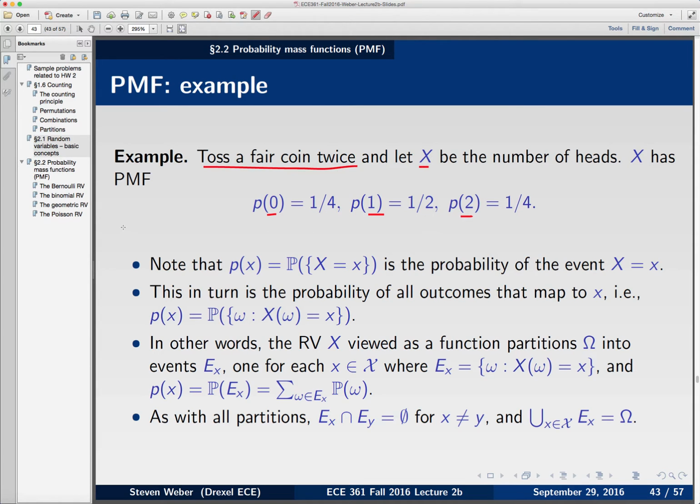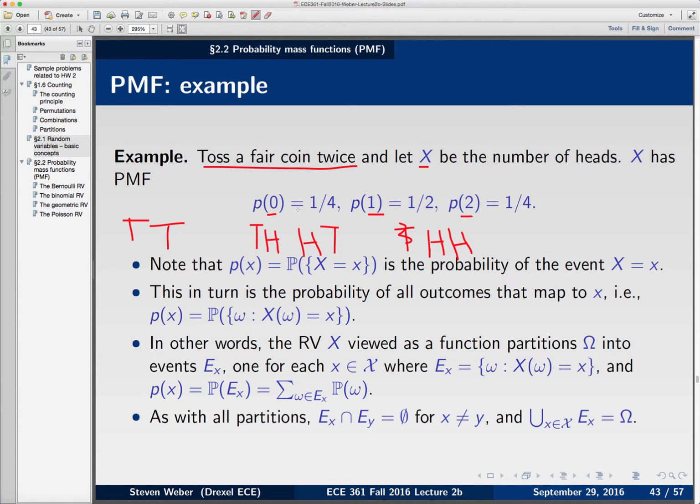If I get tails, tails, there are no heads, and therefore X equals 0. If I get tails, heads, or heads, tails, there is one head, and therefore the random variable takes value 1. Finally, if I get heads, heads, there are of course two heads, and so the random variable takes the value 2.